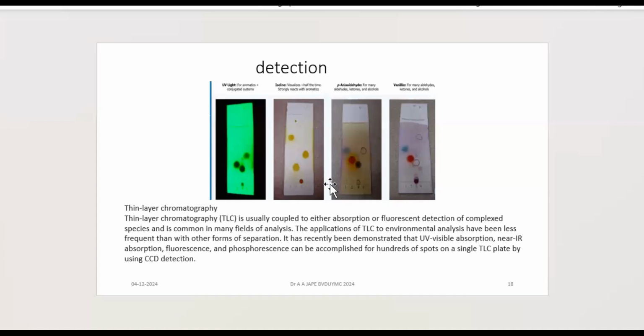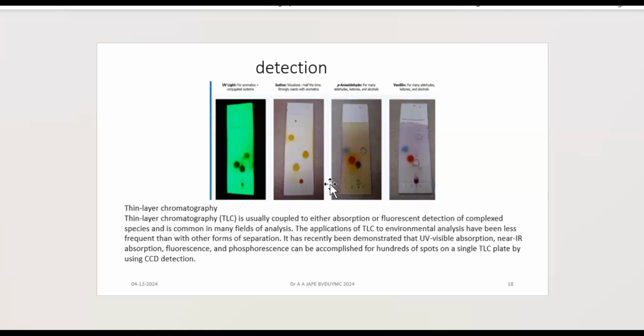Of course, if the compounds in the sample are radio labeled, then this plate can be taken for autoradiography also, where it will detect the spots as dark areas on the X-ray film, or in advanced cases you can have a radiochromatograph scanner also. So it will scan the plate and give you the peaks, and the chromatogram will be presented.